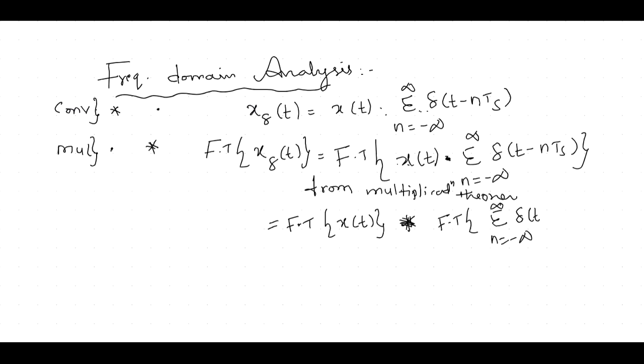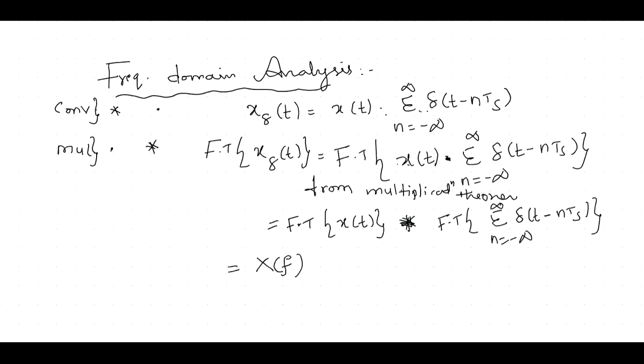If two signals are convolved in time domain, then spectrums are multiplied in frequency domain. Those are the statements of multiplication and convolution theorems. Here we are using multiplication theorem. Please remember that. Okay. So here, what is the Fourier transform of x of t? It's nothing but X of f, standard representation.